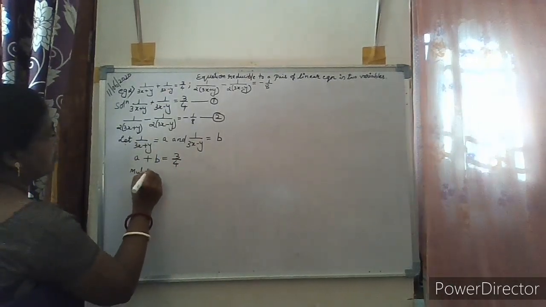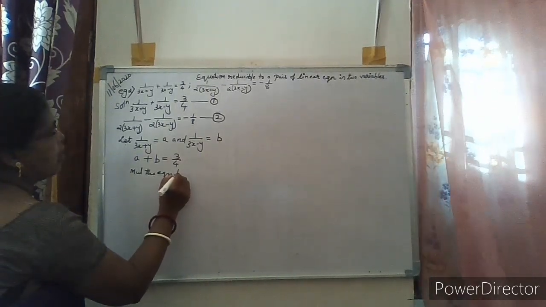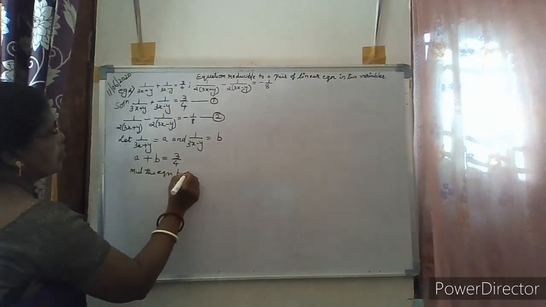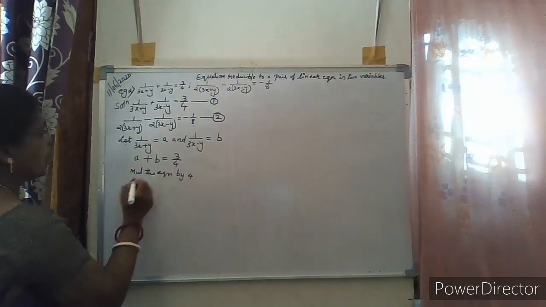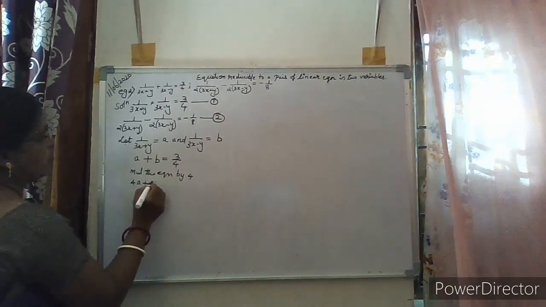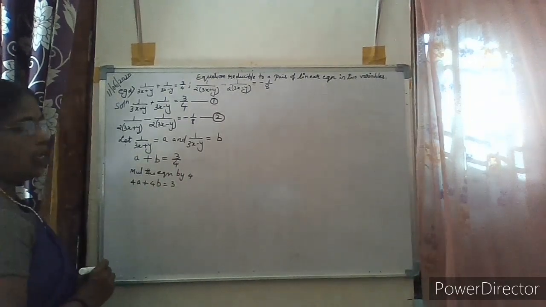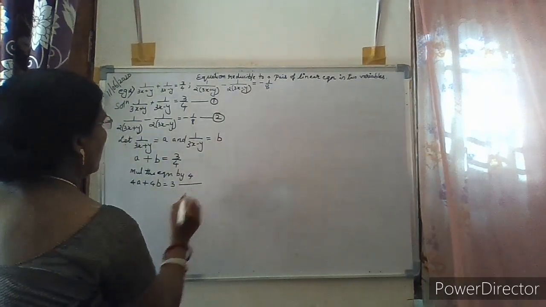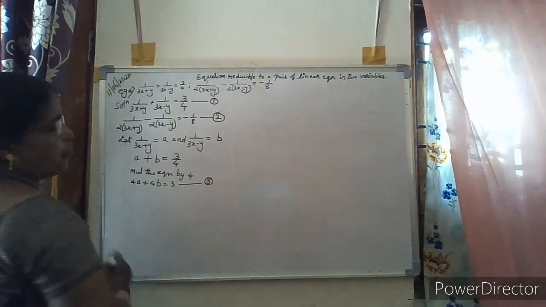So we get it in the form of 4a plus 4b is equal to 3. Name this equation as now equation 3.